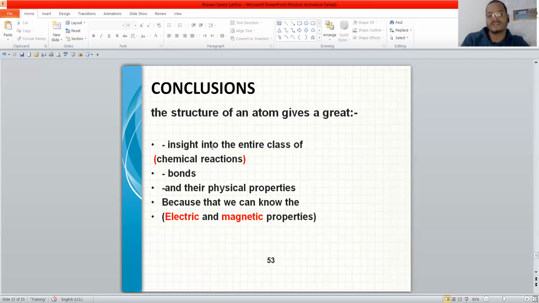Now, let's focus on why we study the structure of an atom, and what this research gives to us. It gives insight into the interior of chemical reactions. When we focus on chemical reactions, bonds and their physical properties, we can know the electric properties, the magnetic properties, and so on and more.